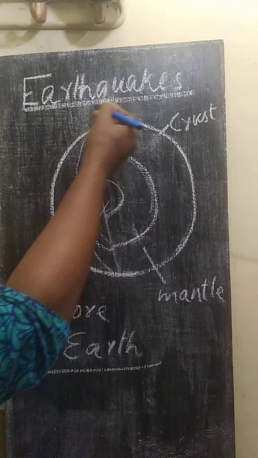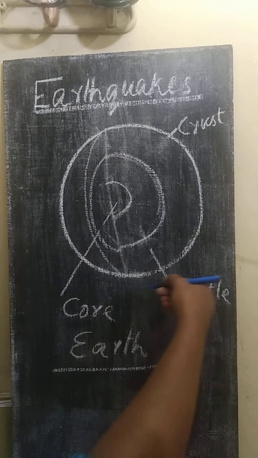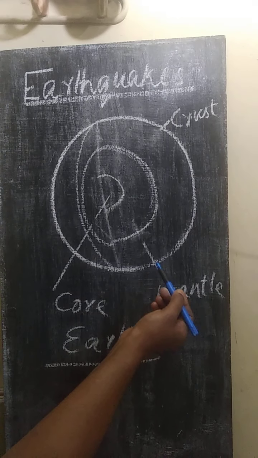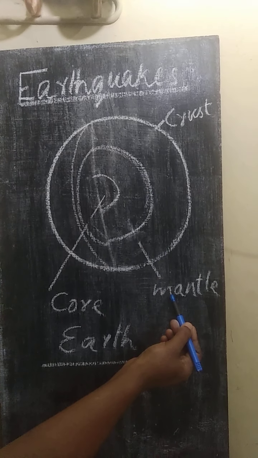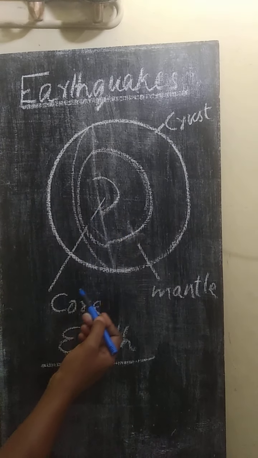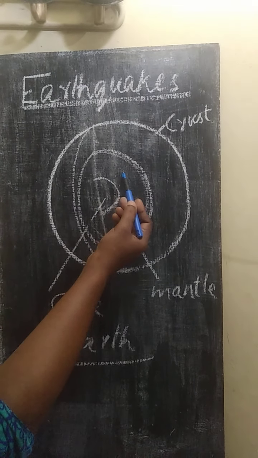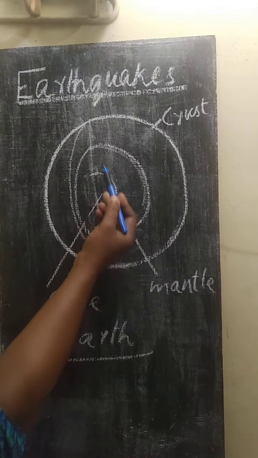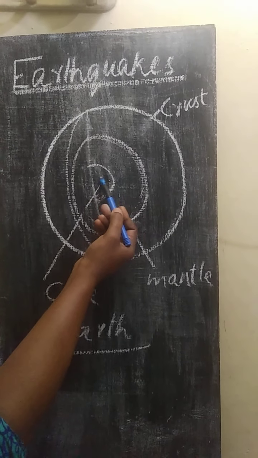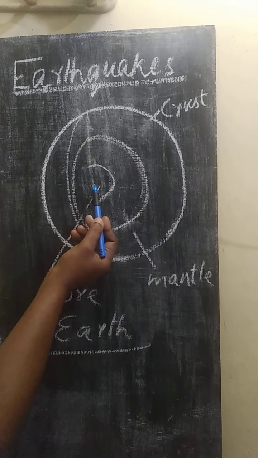Just below that, the center layer is called the mantle, and the innermost layer is called the core. The core has 2 layers: the outer core and the inner core.